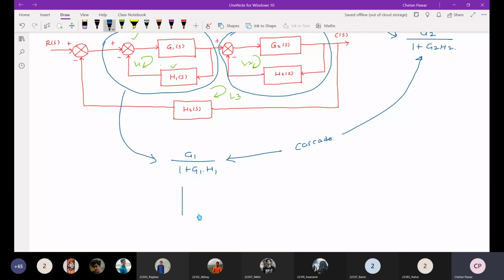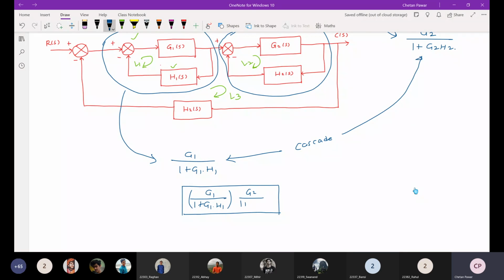So that will be G1 upon 1 plus G1 into H1, and this is G2 upon 1 plus G2 into H2.